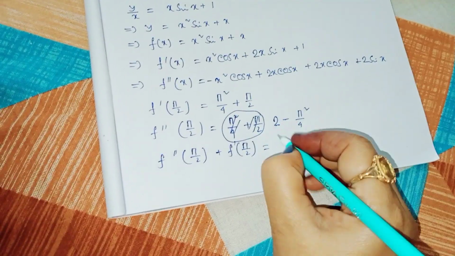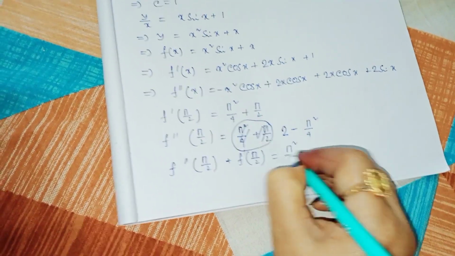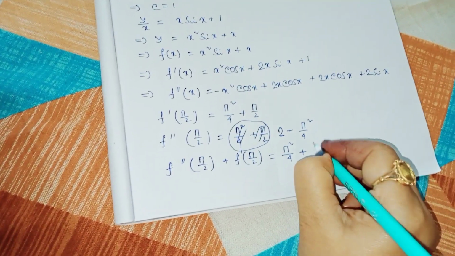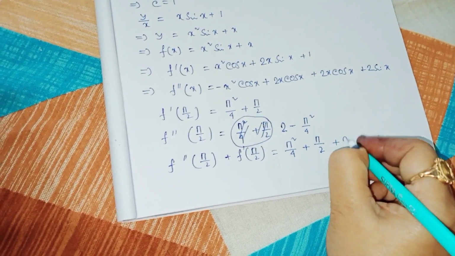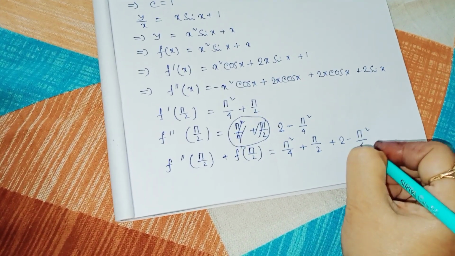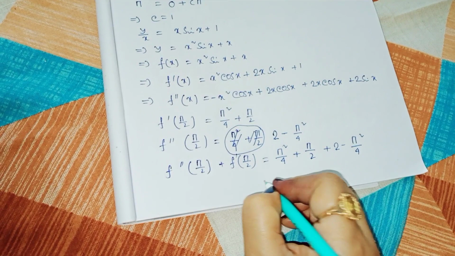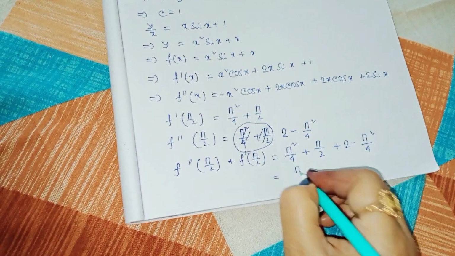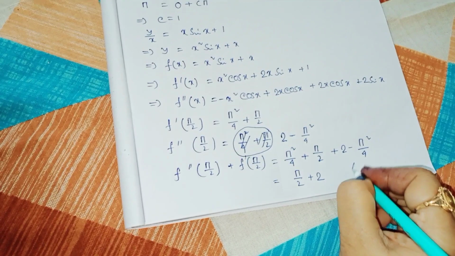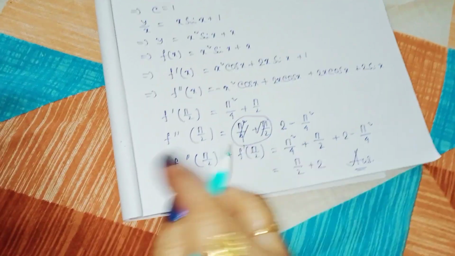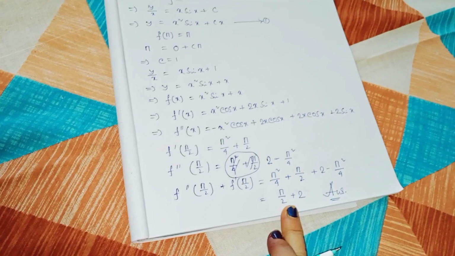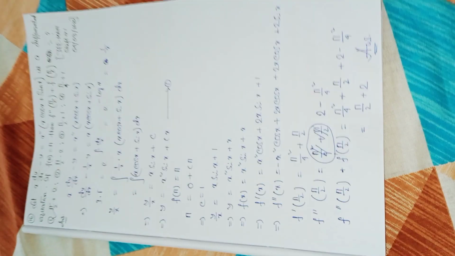So adding these two, we get pi squared by 4 plus pi by 2 plus 2 minus pi squared by 4. Pi squared by 4 minus and plus is cancelled off, so it becomes pi by 2 plus 2. So the value of this function is pi by 2 plus 2, and the correct option is option 1.